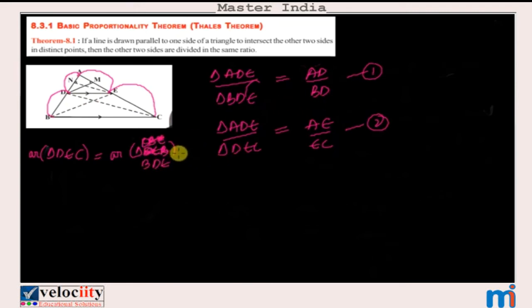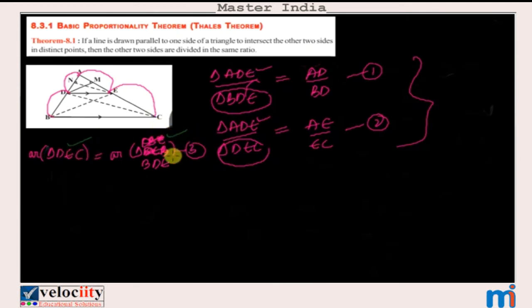Let's say this is my first equation, this is my second equation, and this was my third equation. What do you see here? In the first two equations, the numerator is triangle ADE in both. The denominators were different, BDE and DEC. But now those denominators are equal, right?